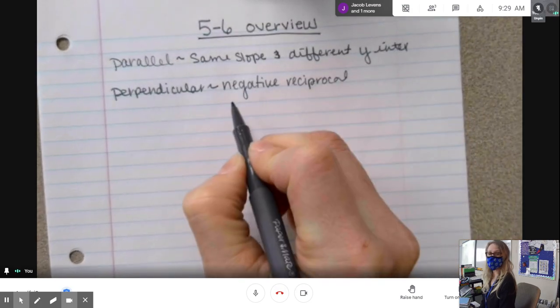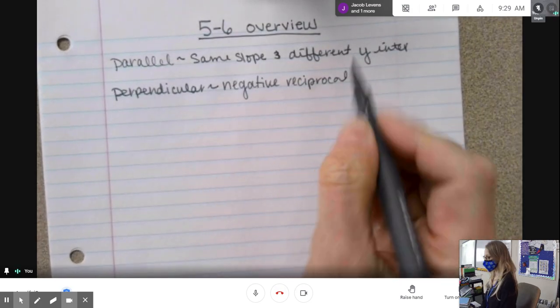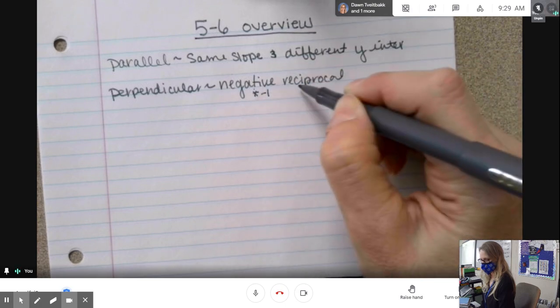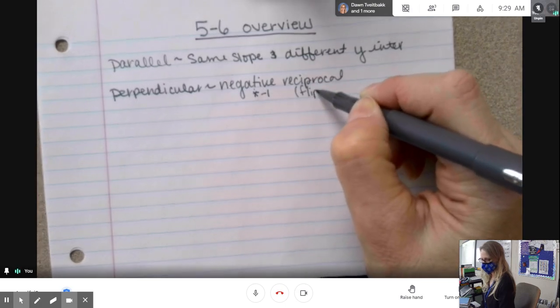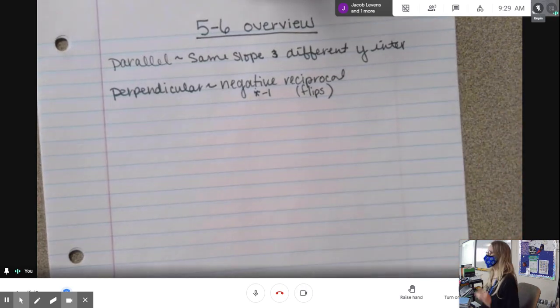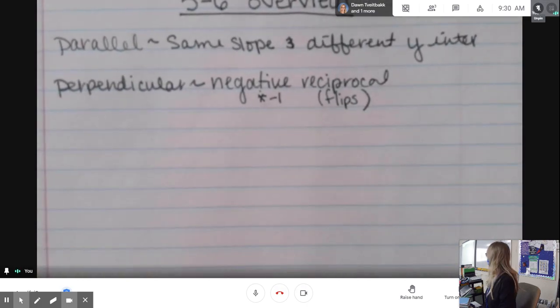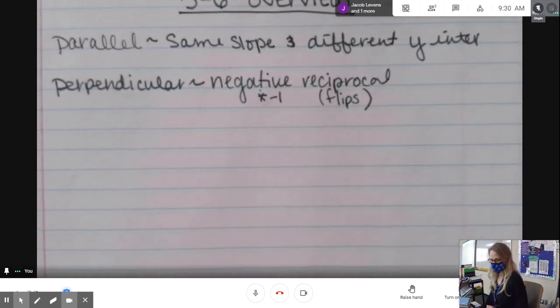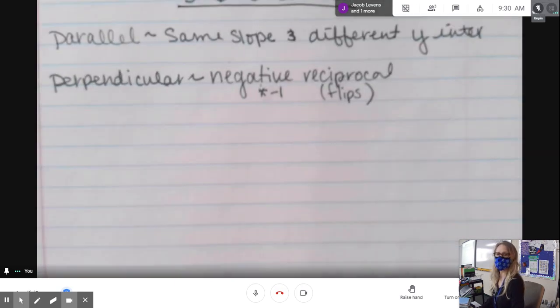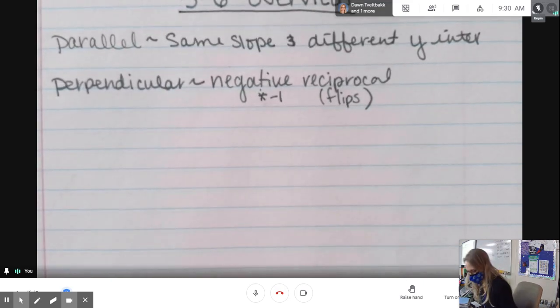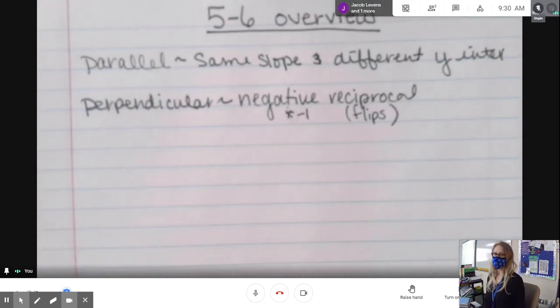A negative reciprocal, or opposite reciprocal, multiplies by -1 and then flips the fraction upside down. If it's not a fraction, it takes a number like 3 and turns it into 1/3. Okay, so there's a quick review of slopes.